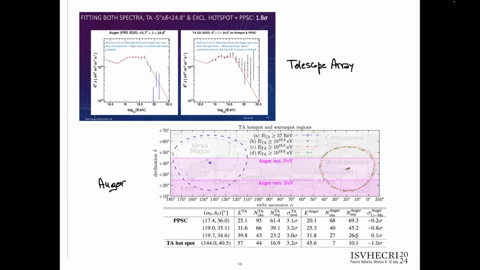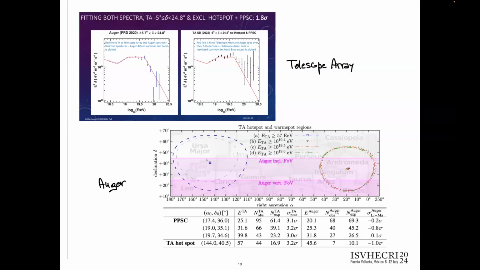And if you look at the numbers of events that you expect, you see that we compensate because we are very much bigger than them. So even if the exposure is not complete like theirs, our total exposure is much bigger. So at the end, we have a similar number of events expected. You see in this column the expected TA and expected Auger. They look very similar.